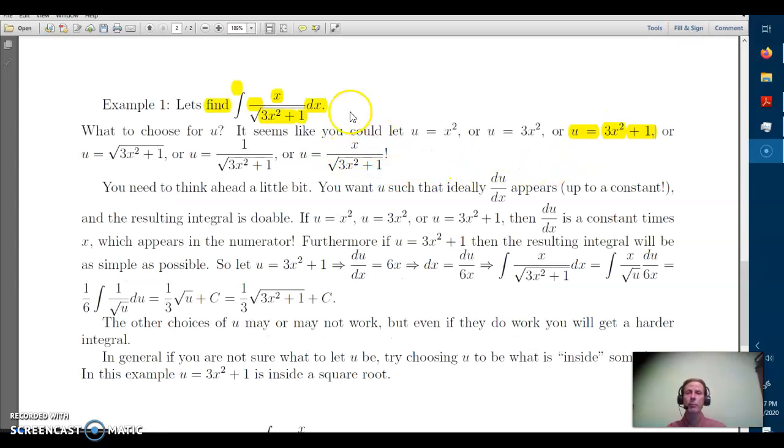So in this example, we're going to try to find the integral of x divided by the square root of 3x squared plus 1. Now there's a lot of sub-expressions in this that you could let u be. For example, you could be x squared or 3x squared or 3x squared plus 1 or several other things. For reasons I'll explain in a little bit, what you want to let u be here is 3x squared plus 1.